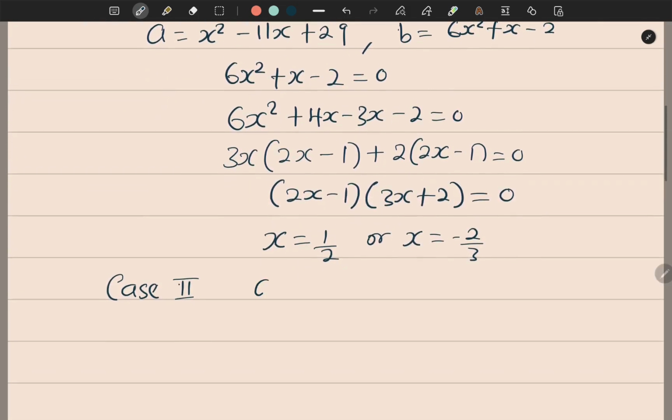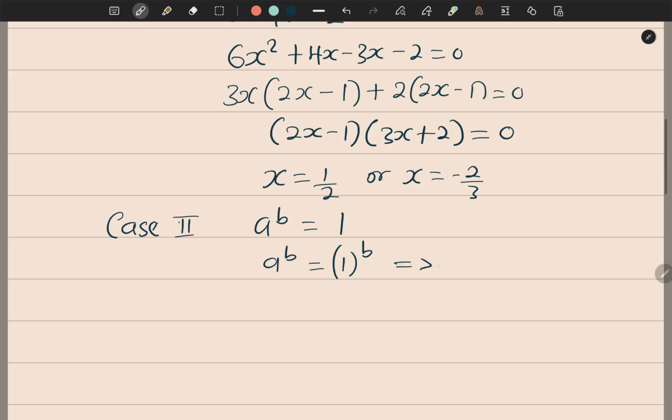What if we consider a raised to the power of b equals 1 raised to the power of b? It means that 1 raised to the power of any number will actually remain as 1. And for that reason, this implies that a equals 1.